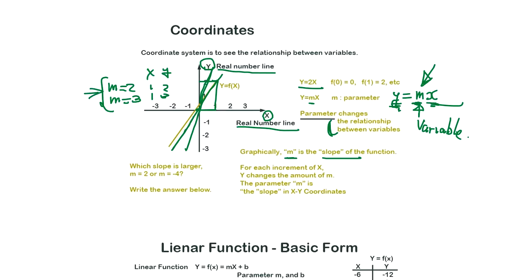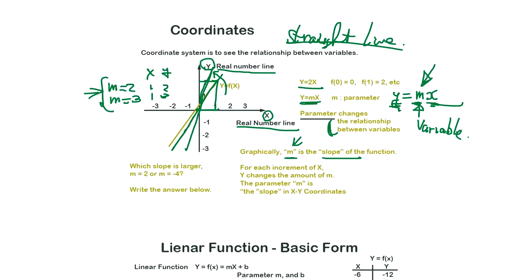This linear function. Again, what is a linear function? Linear function is straight line on the graph. Okay, so this is a linear function, and this straight line, how much this inclined, this slope, is determined by the parameter m. Okay, when m is negative, what's happened?